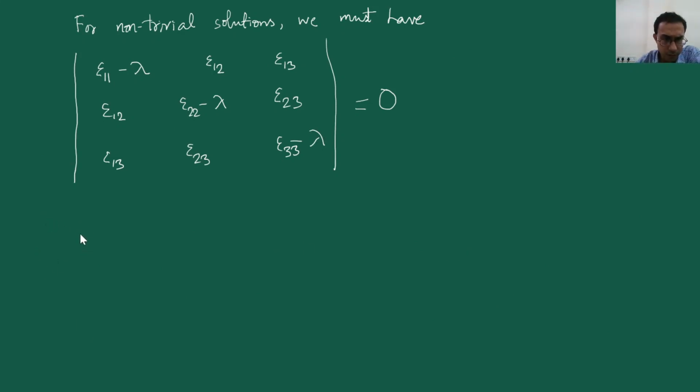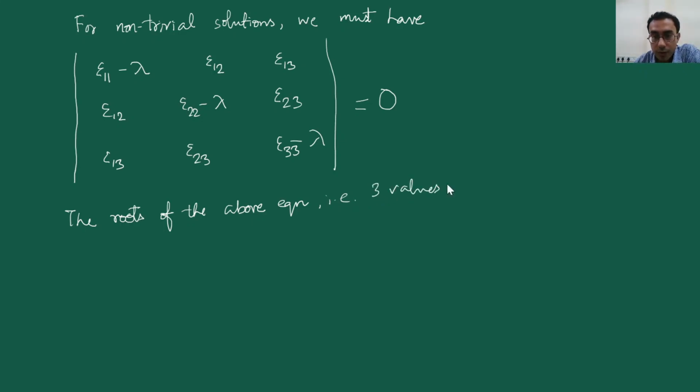Let's put this down in writing: the roots of the above equation, that is the 3 values of lambda, will be the extreme values of the engineering strain that we are looking for.